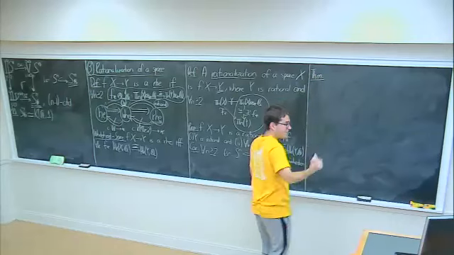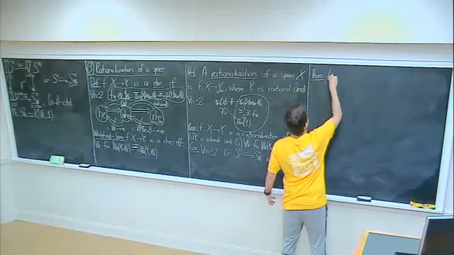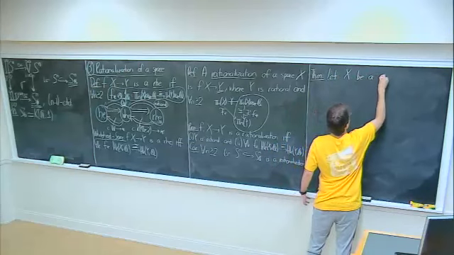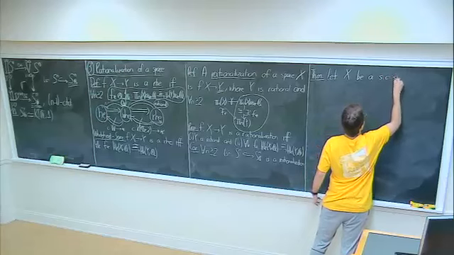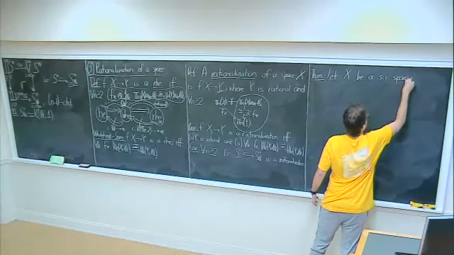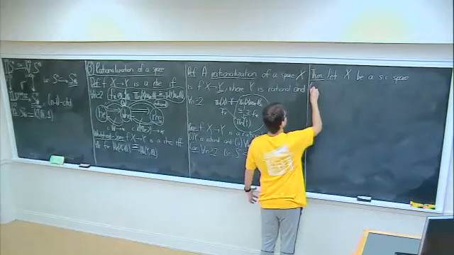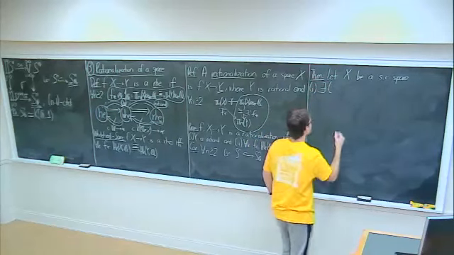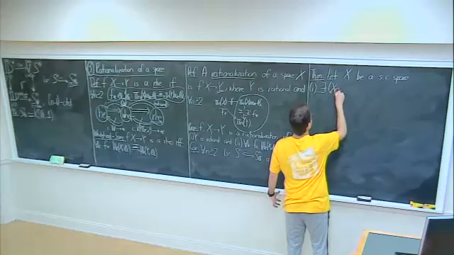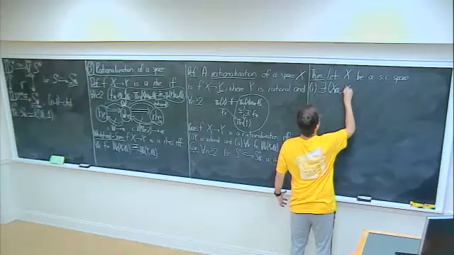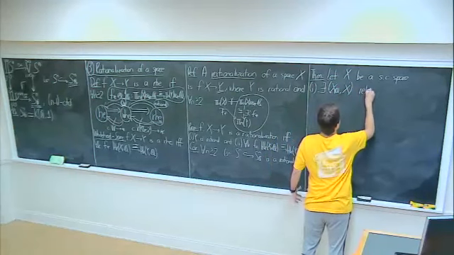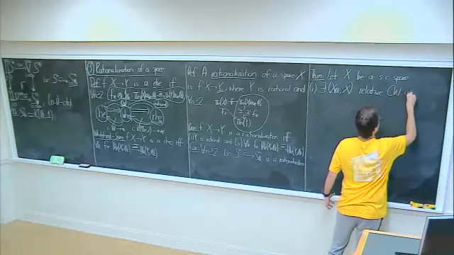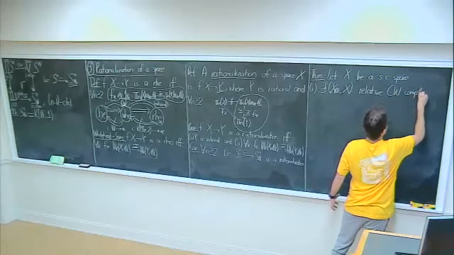If I give you any simply connected space X, the first part is the existence. So there exists a relative CW complex such that the bigger space is rational.